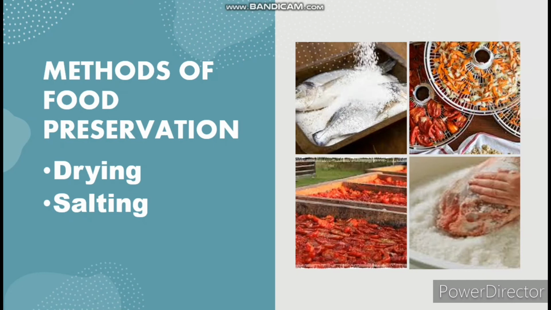As you can see from our picture there, you just add salt to the food that you want to preserve, like fish and meat. You just add some quantity of salt to the food. For example, you can use fish, meat, pork, and so on.